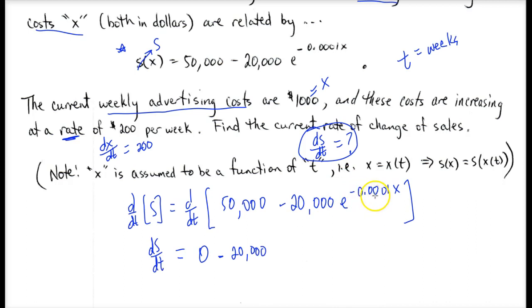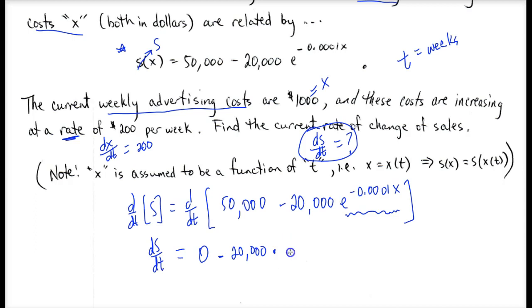and then we take the derivative of e raised to the negative 0.0001 x. And so since this is a composition function, we're going to be using the chain rule. So chain rule says take the derivative of the outside function, and the outside function is e to the blah, where blah is all this negative 0.0001 x.